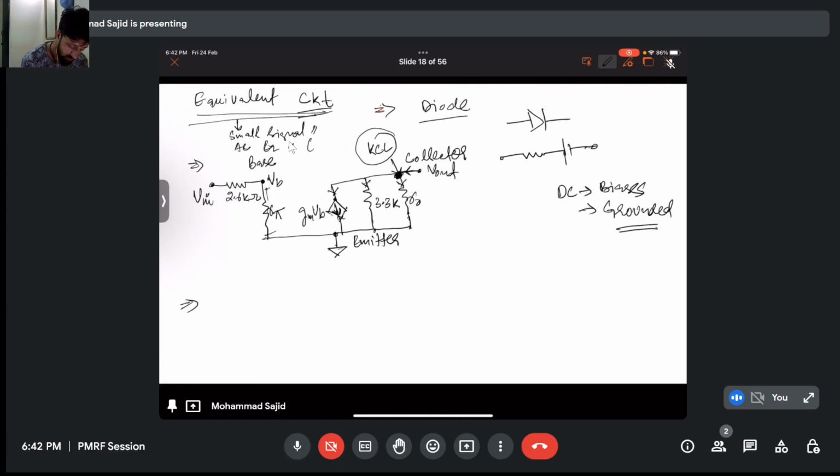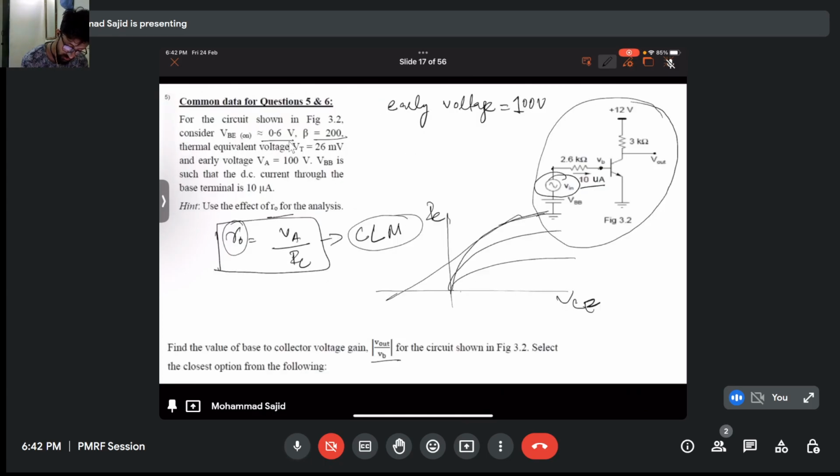And these have two common nodes, so these two are in parallel. So what I can write is V output by R naught plus V output by 3.3 kilo ohm plus GM VB is equal to 0. There was nothing connected to emitter, right? So emitter is grounded.